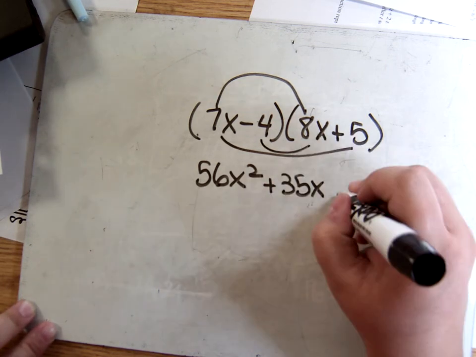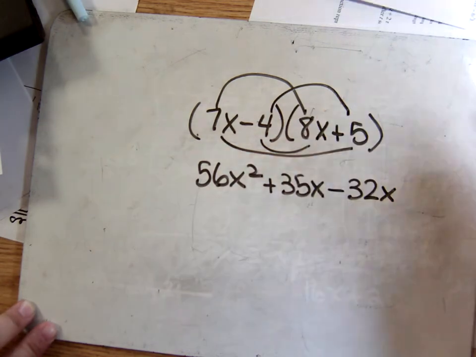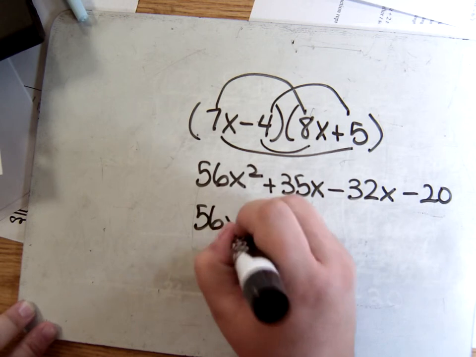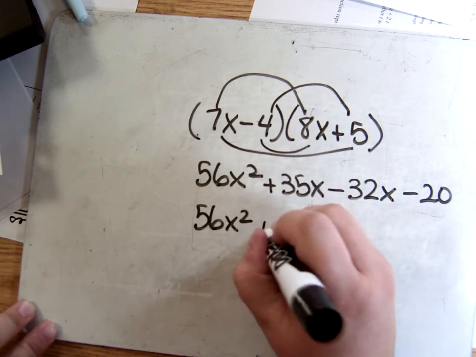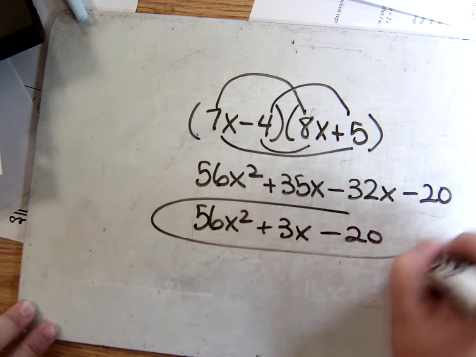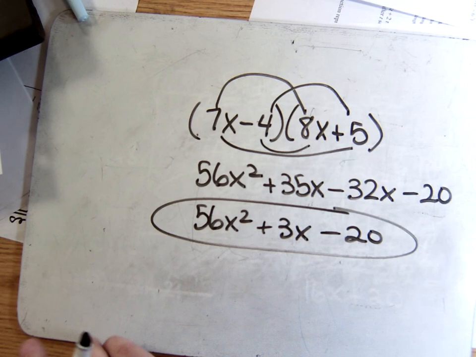Negative 4 times 8x is negative 32x's. Negative 4 times 5 is negative 20. So I have 56x squared plus 3x minus 20. Okay, that's my answer, and that is choice C.